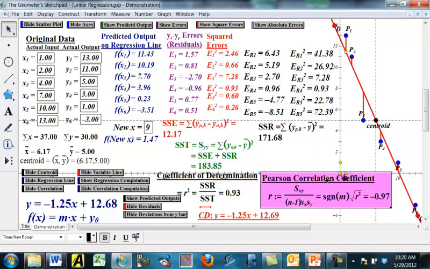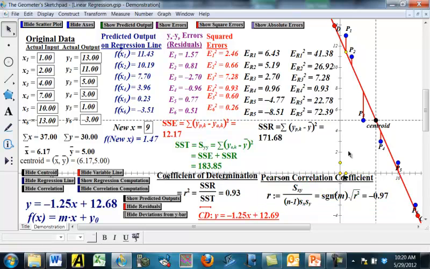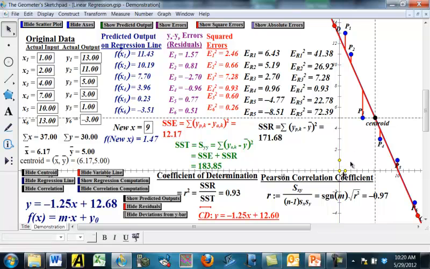Now, it turns out there's an alternative formula for this. If we take the coefficient of determination, the R square, we take its square root and then give it the same sign as the slope of this regression line. That's what this SGN of m means. Take the slope of the regression line m, take its sign, which is either positive 1 or negative 1, times that square root of r squared.